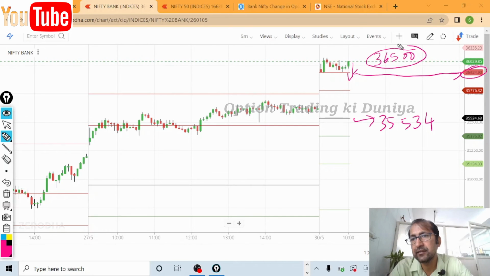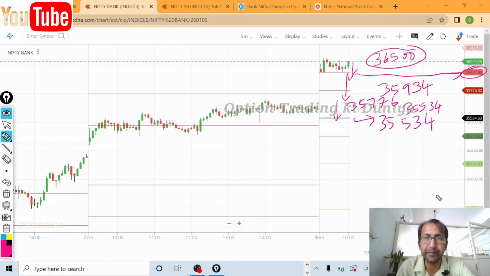But if the market is continuously trading below 35,934, you can sell Bank Nifty for a target of 35,776, and the next target is 35,534.